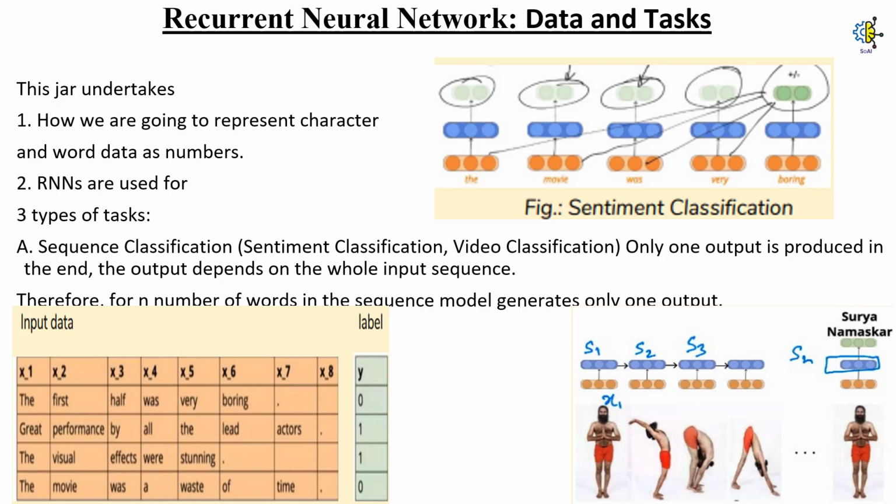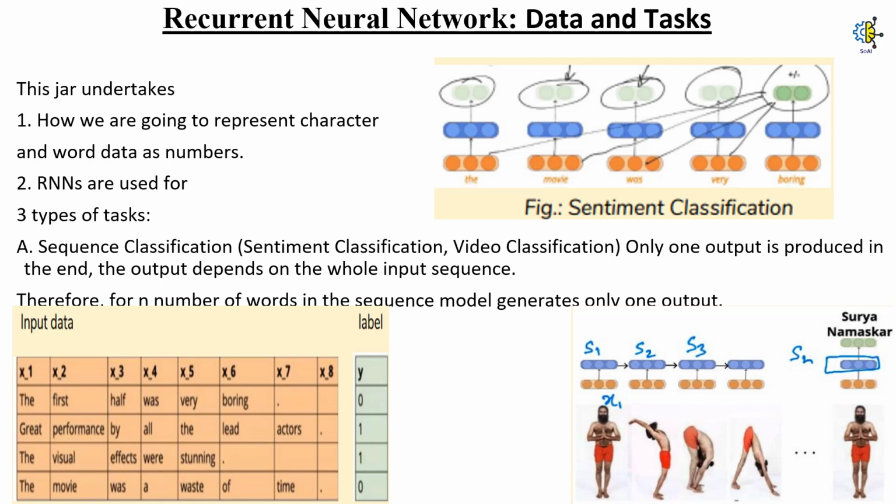RNNs are used for three types of tasks: sequence classification, sentiment classification, and video classification. Only one output is produced in the end. The output depends on the whole input sequence. Therefore, for n number of words in the sequence, the model generates only one output.